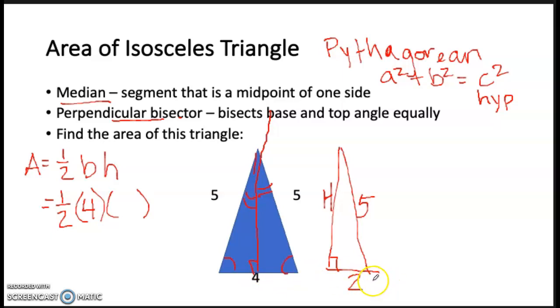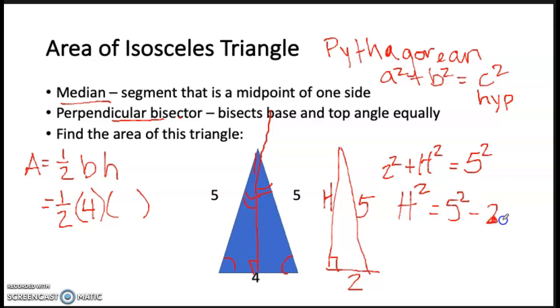It is 2. I can use Pythagorean, and I can say 2 squared plus h squared, that's another leg, equals 5 squared. So I have h squared, remember I'm trying to find the height, equals 5 squared minus 2 squared, right?